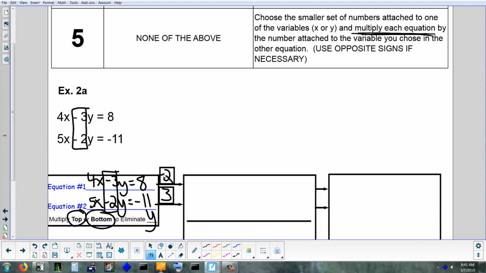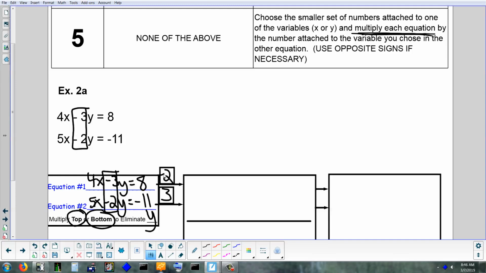We're going to multiply by what's attached to the number in the opposite equation. Donovan? Why do you multiply by negative? Good question. If I was going to eliminate the x's, they're both positive. So I have to multiply one by a negative to make it opposite. But what if one is a negative and one's positive? If one's a negative, one's a positive? Exactly. Then you can multiply by a positive.